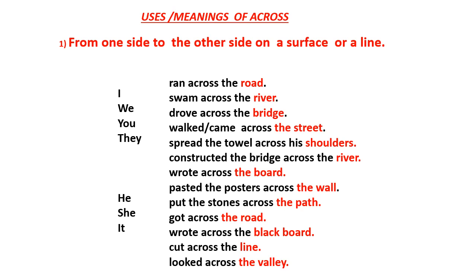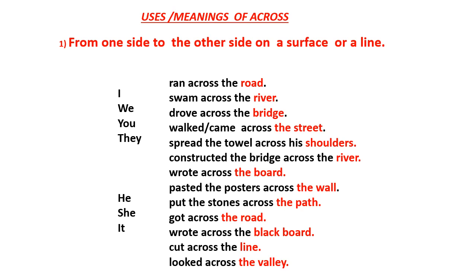Here the words or phrases marked in red ink, like road, river, bridge, street, soldiers, river, the board, wall, path, road, blackboard, lion, the valley, are considered to be surfaces or lines. Only when we consider the objects as surfaces and lines do we make use of across.